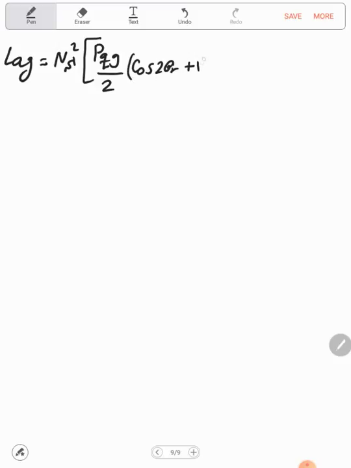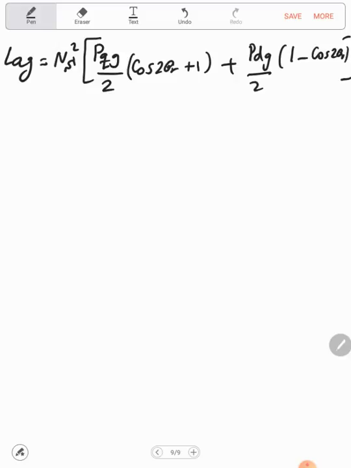If we do so, then the magnetizing inductance, the LAG, will equal to NS square multiplied by PQG over 2 times cosine 2 theta r plus 1, plus PDG over 2 multiplied by 1 minus cosine 2 theta r.